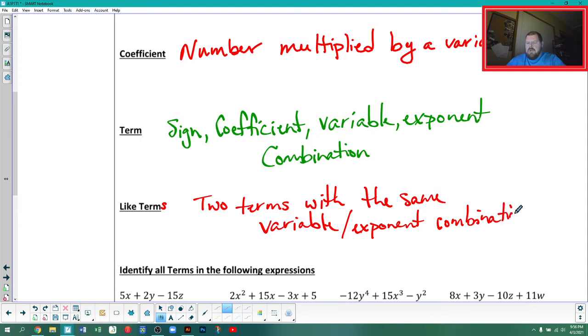And we'll get to why that's important as we go through this.